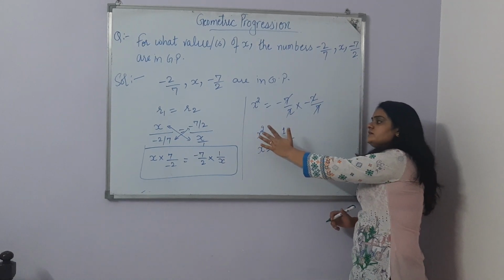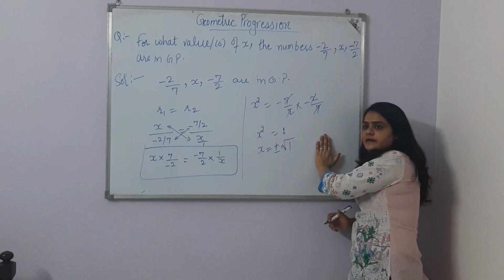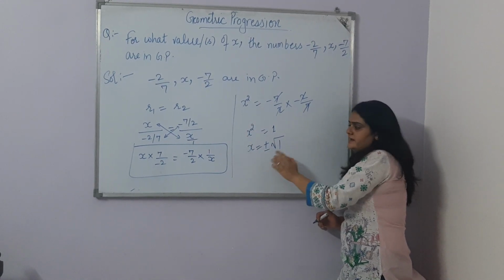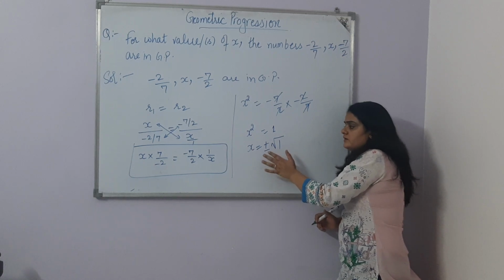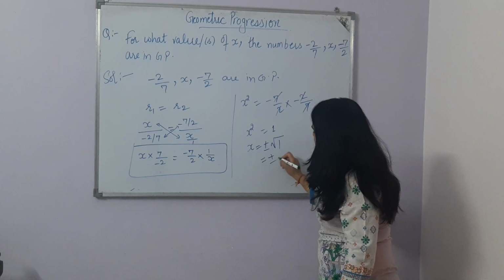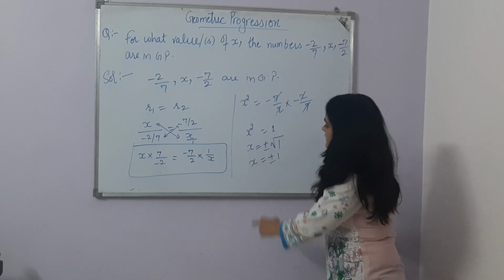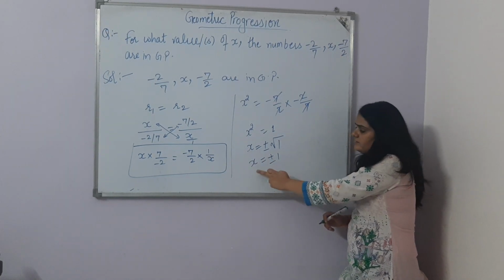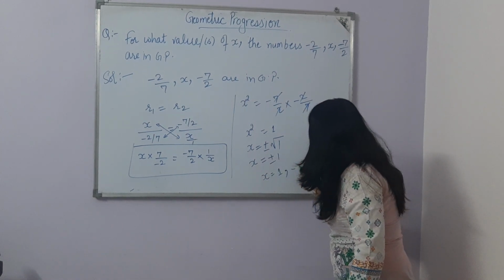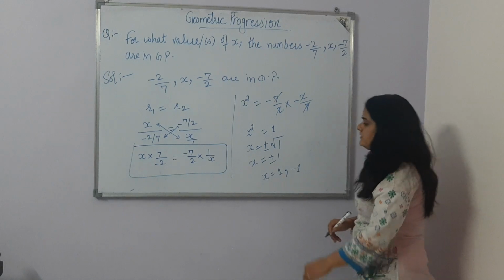Remember this: whenever the power 2 goes to the right-hand side, it always becomes plus minus under root of that value. So x has two values: one is 1, and the other is -1.